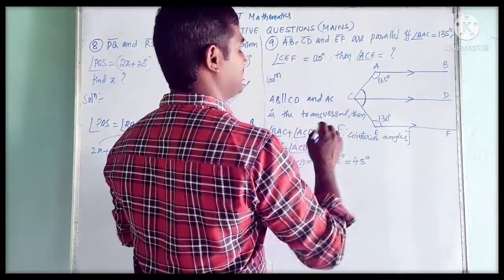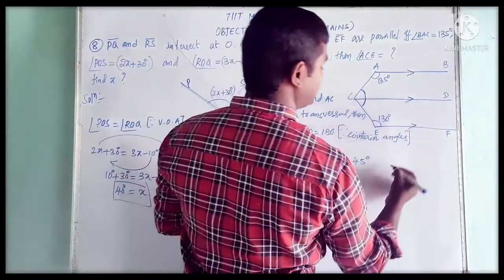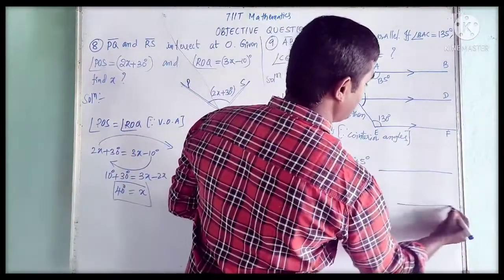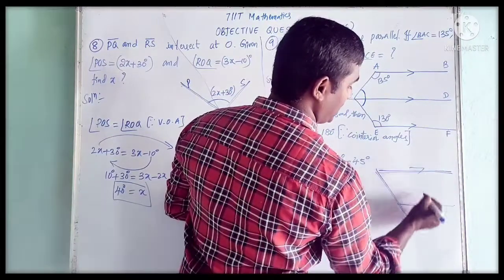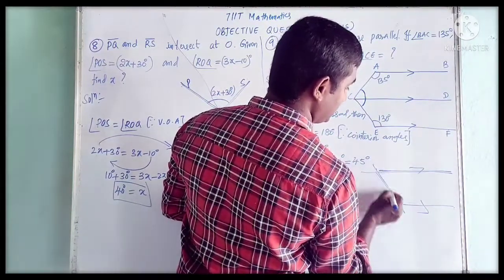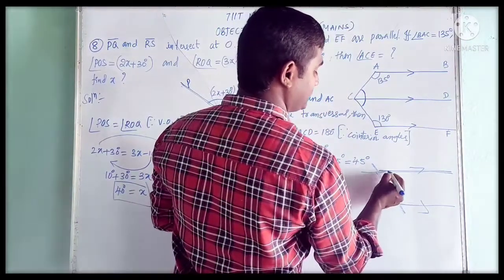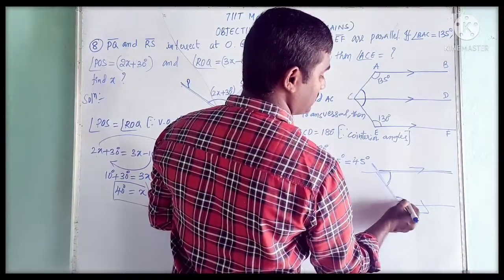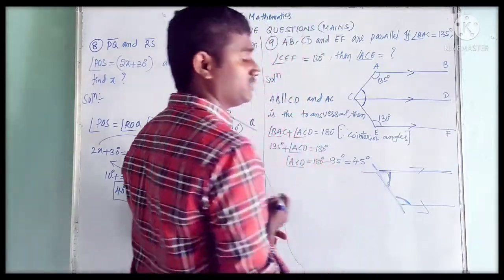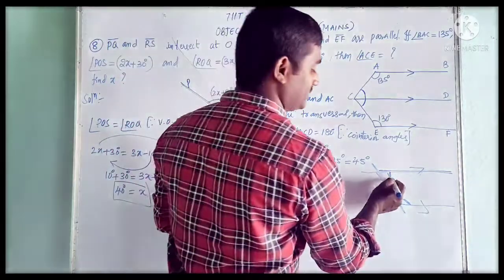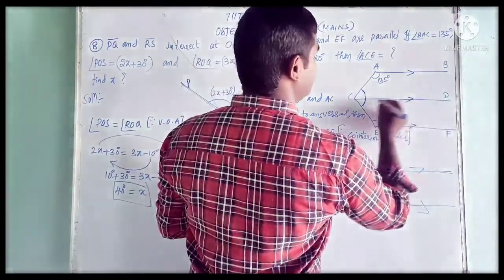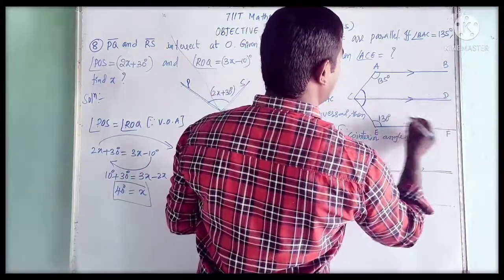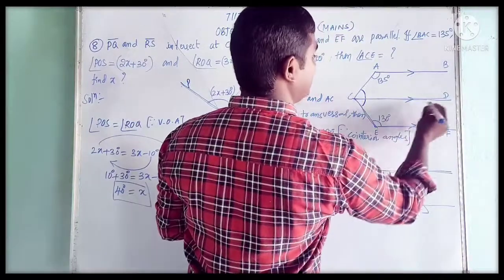In the same manner, CD is parallel to EF, and CE is the transversal line.